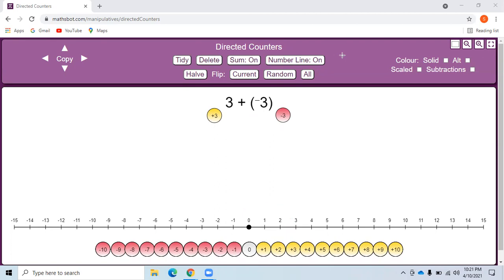And now let's look at one other example. Let's look at 4 plus -3. I have 4, and I want to add -3.